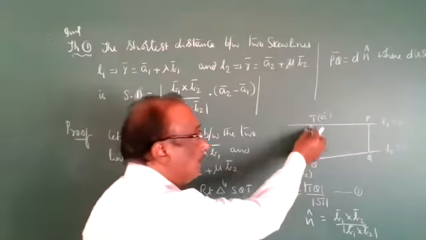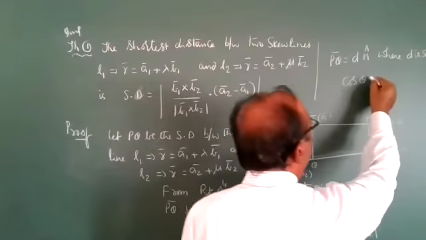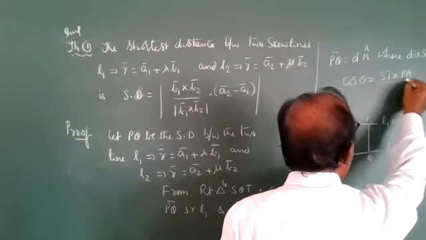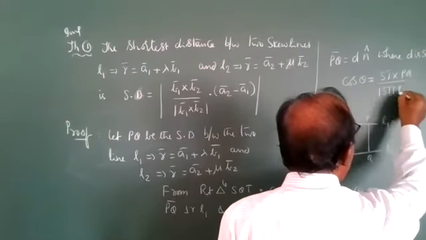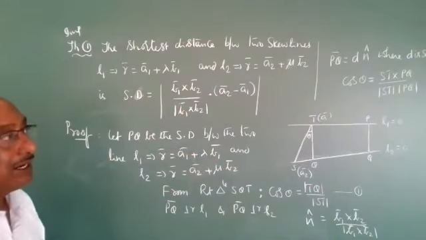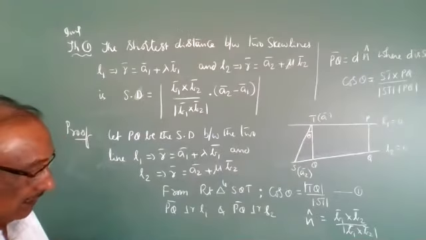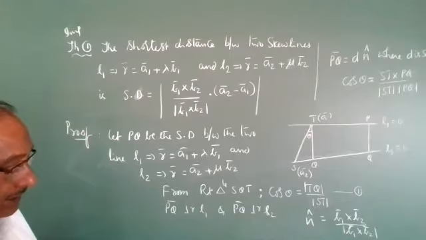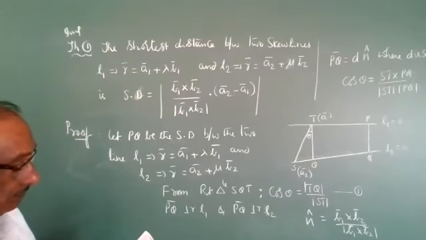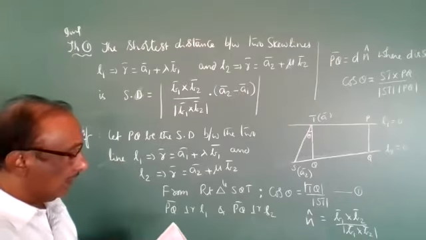Therefore, apply the vector formation of cos theta: cos theta is equal to modulus of ST cross PQ by modulus of ST modulus of PQ. Place the cos theta value and simplify, we get the shortest distance, the required answer, everyone.